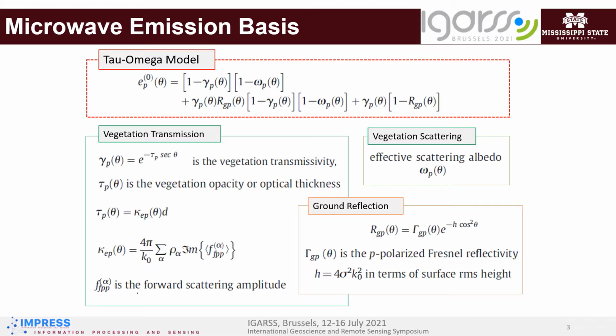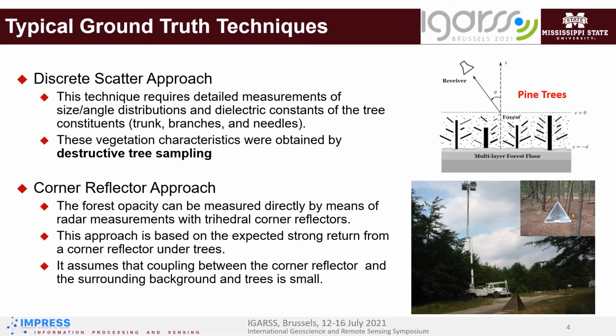Even though the tau omega model is being applied to estimate soil moisture under tree canopy, these retrievals are still considered to be research products, as their validation is challenging at the satellite footprint, which is 20 to 40 km resolution. The typical ground truth techniques to estimate vegetation transmissivity can be grouped into two categories: discrete scatterer and corner reflector approach.